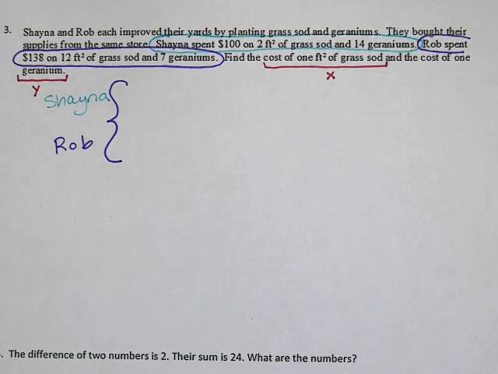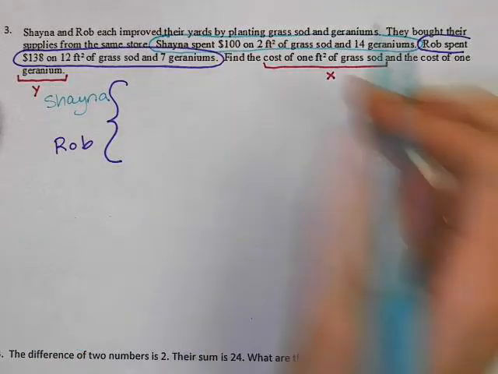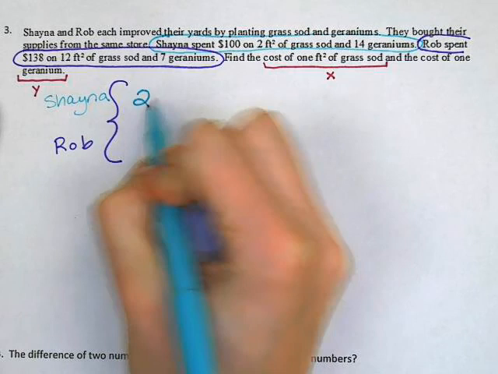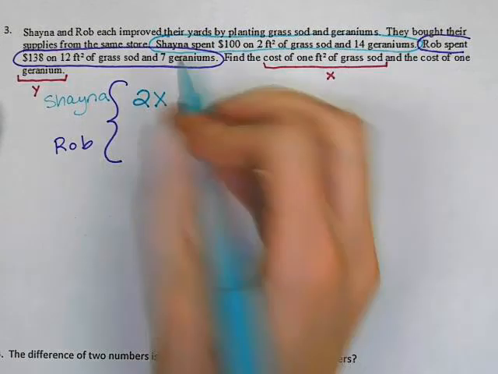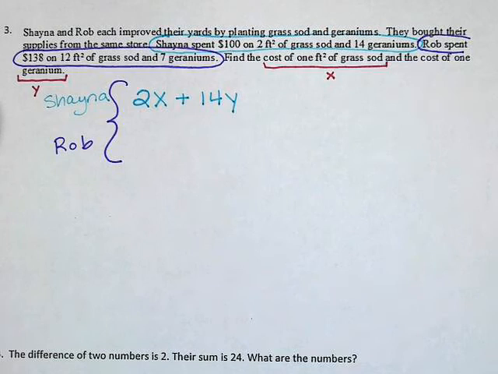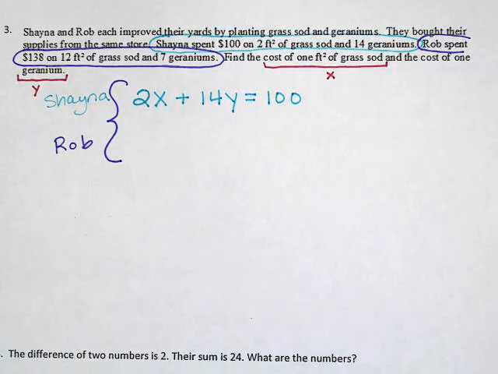This would be a great time to pause and try it. So Shayna bought 2 square feet of grass sod, so 2x, and 14 geraniums, so plus 14y. And then her total cost was $100. Okay, so that's Shayna's story.